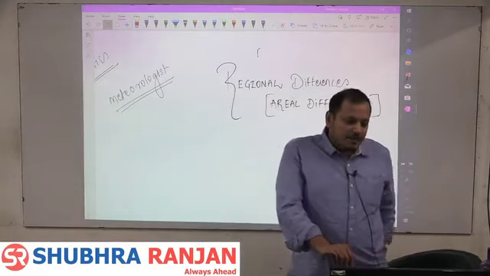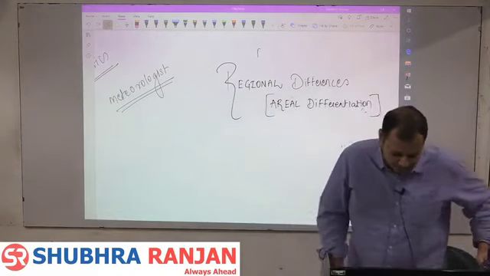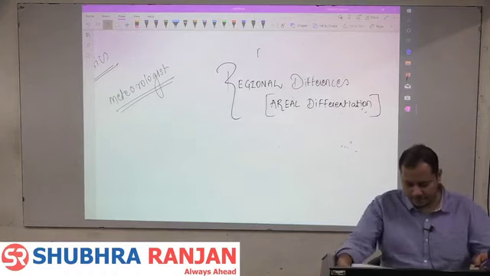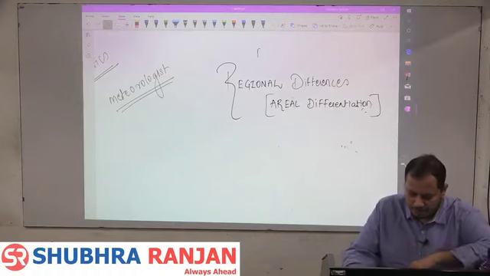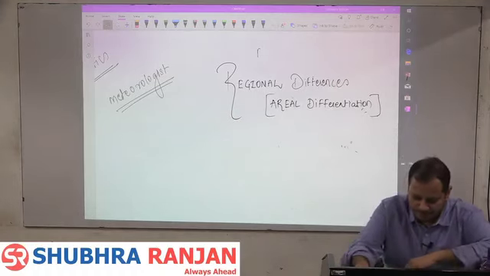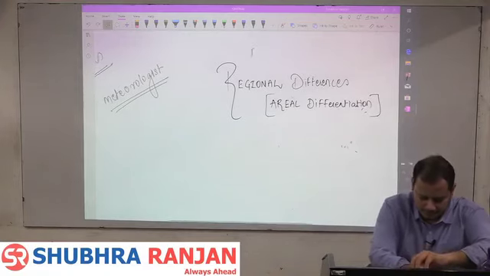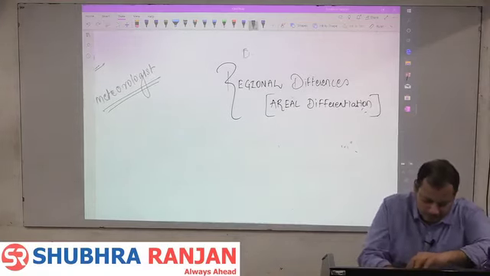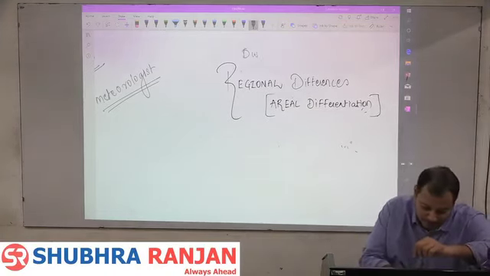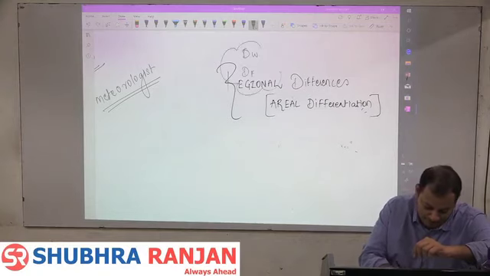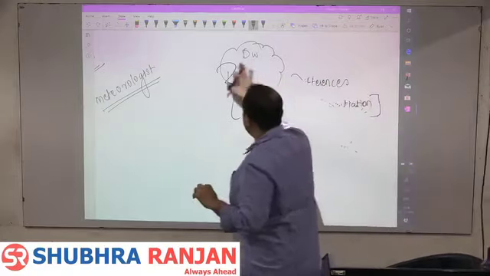Köppen divides the D type of climate on the basis of precipitation into DW and DF.